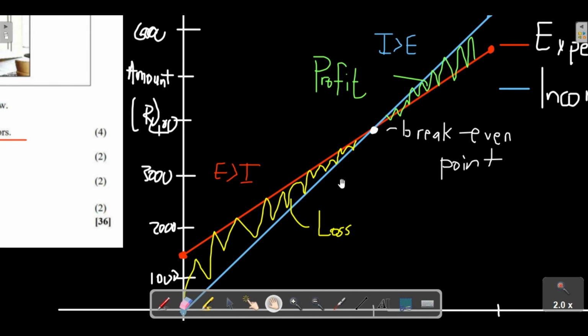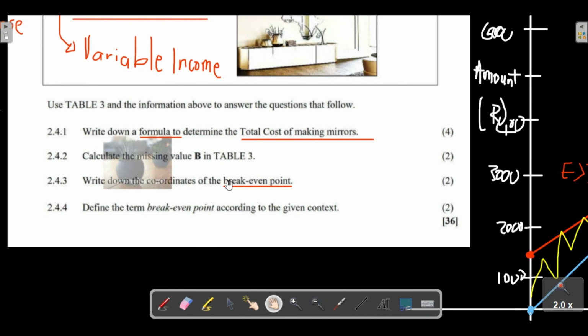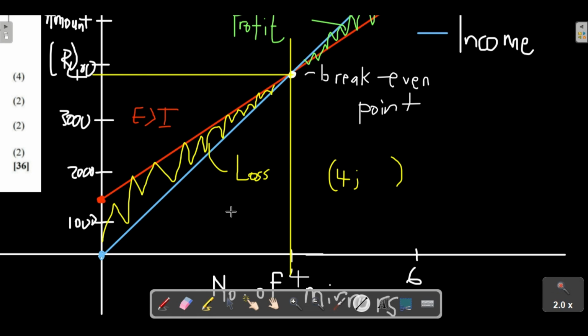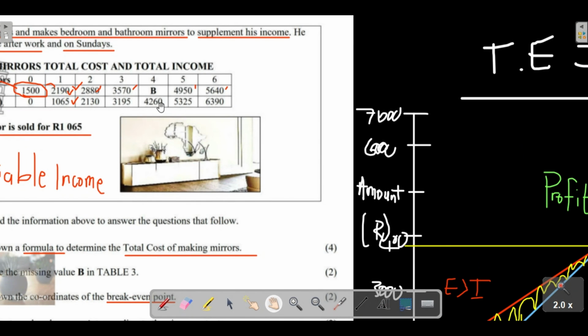Now we want the coordinates of the break-even point. This is how you write the coordinates: first you start with the x, so the x in this case is 4, and then the y. The y should be 4 point something.